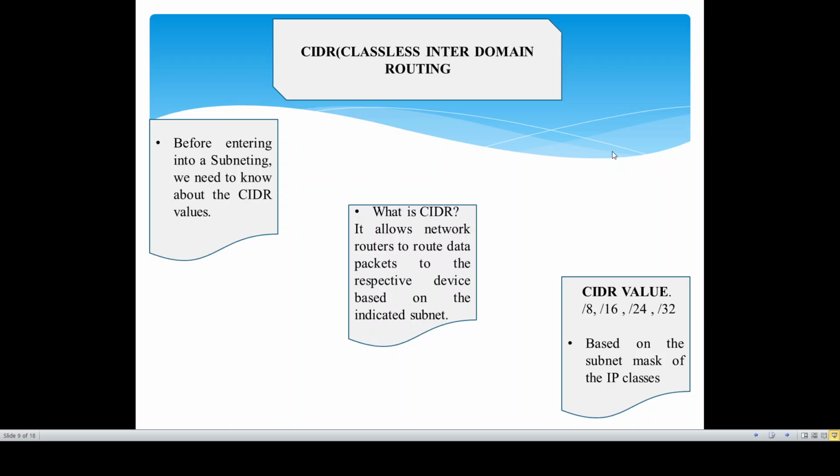For this purpose we have a CIDR value. How are these CIDR values calculated? These values are calculated based on the subnet masks provided with the IP classes or IP addresses.